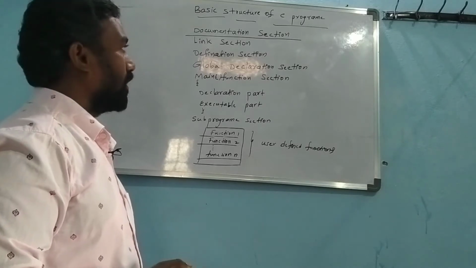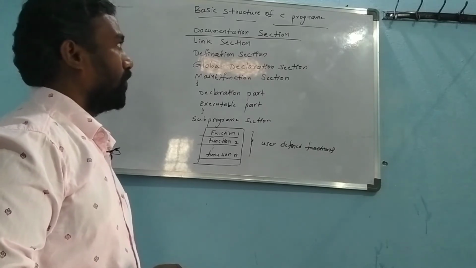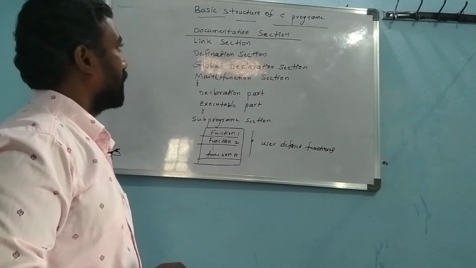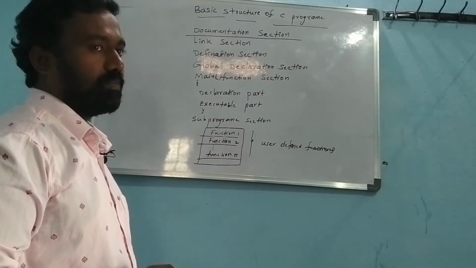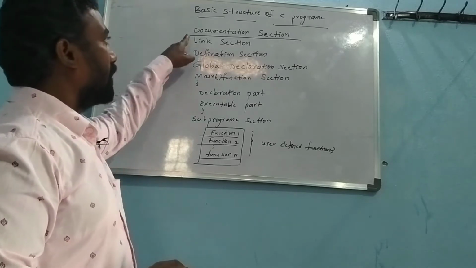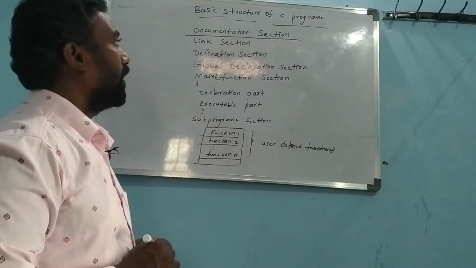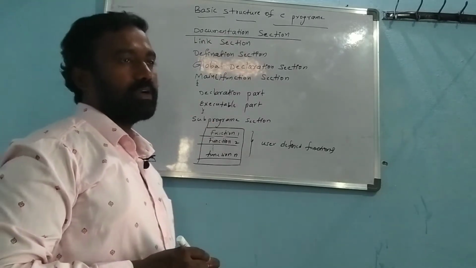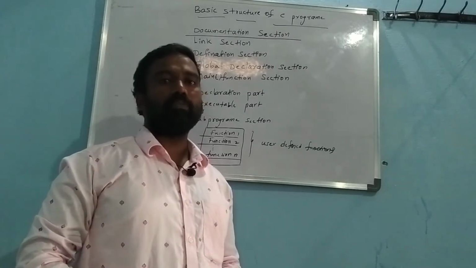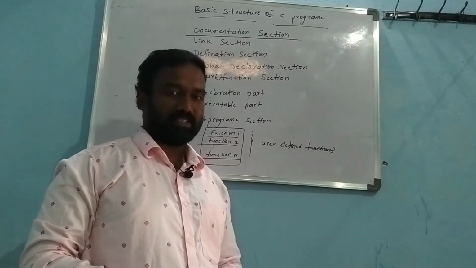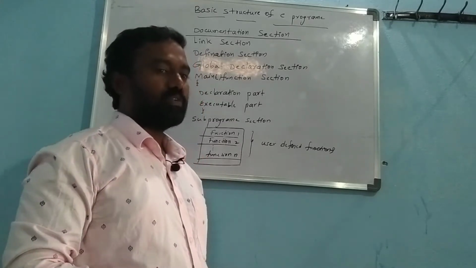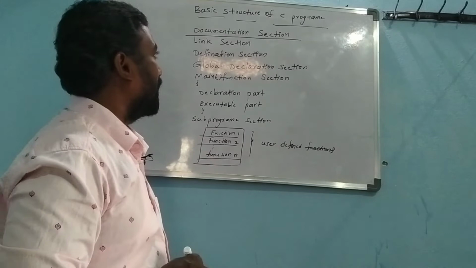What is the documentation section? Why is it useful? The documentation section mainly contains the comment lines. Within the documentation section, we write comment lines. The main purpose of the documentation section is to write the comment lines.